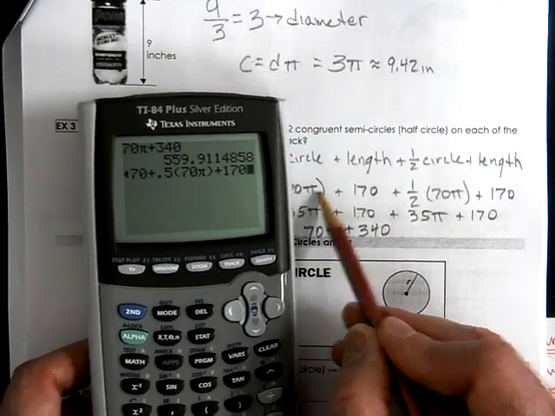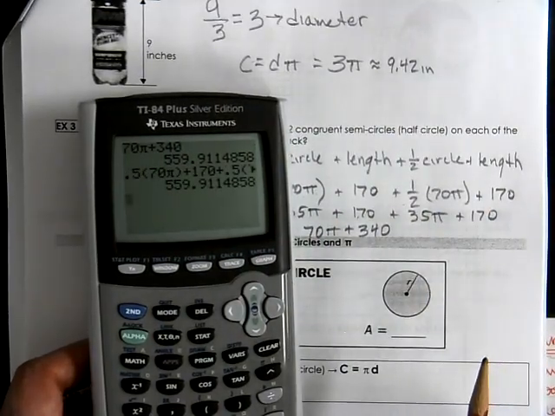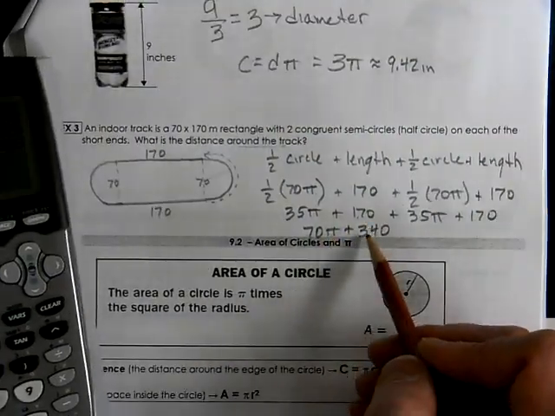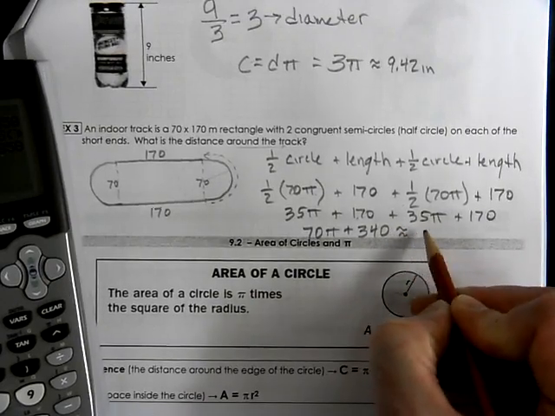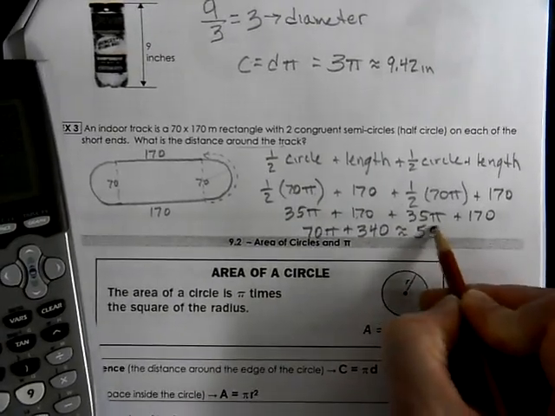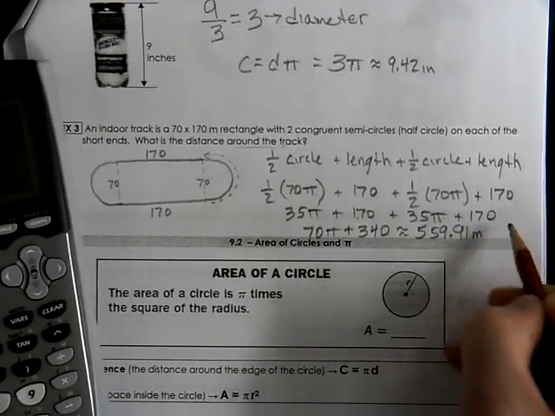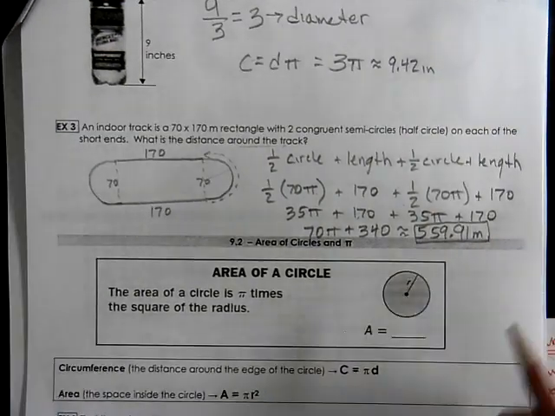That's what we had up here. Should give us the same result. So we collected our like terms, and that's going to be approximately 559.91 meters. That's the distance all the way around this particular track.